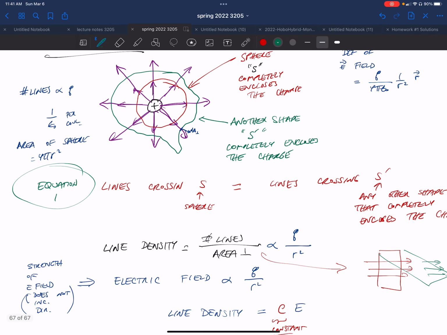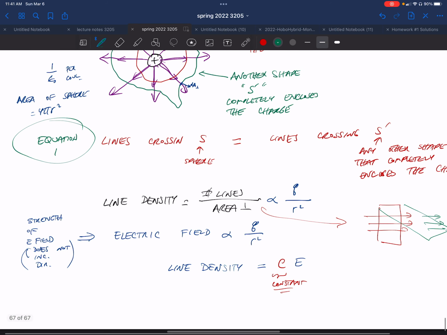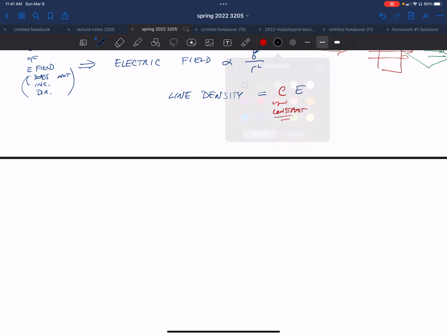So if I were going to rewrite with some new definitions, let me say that I'm going to call phi sub s the number of lines.